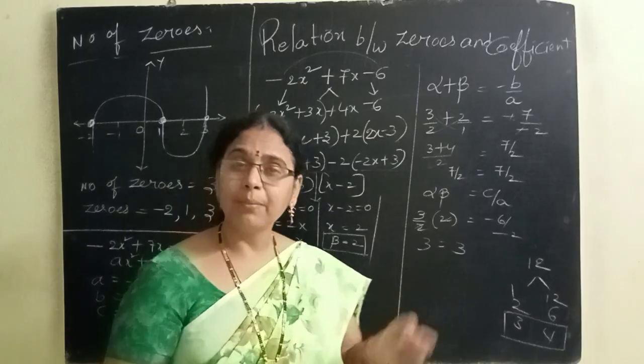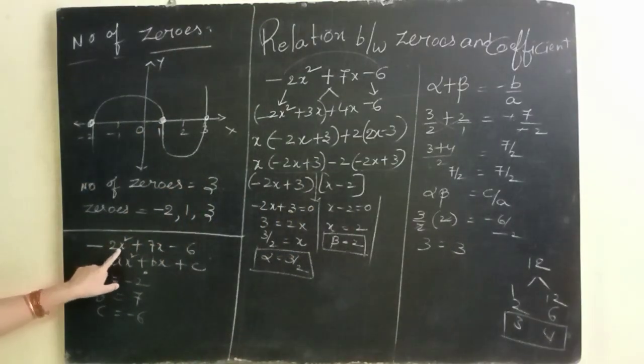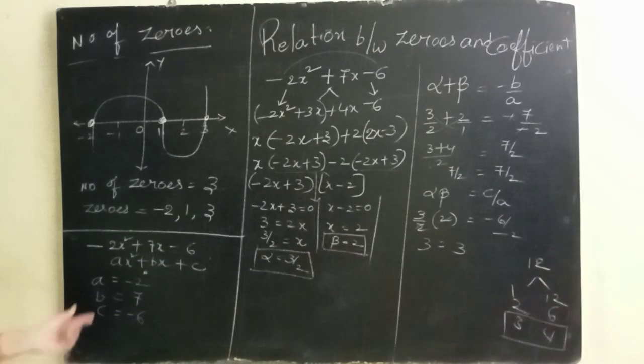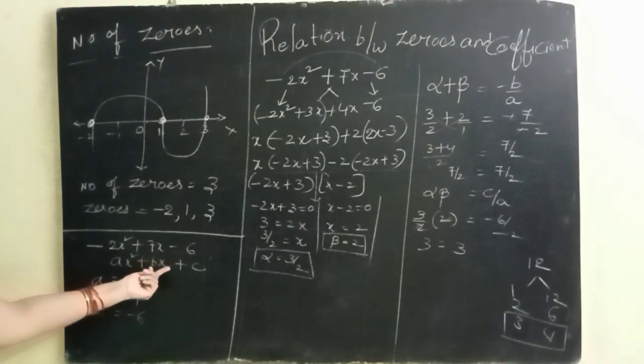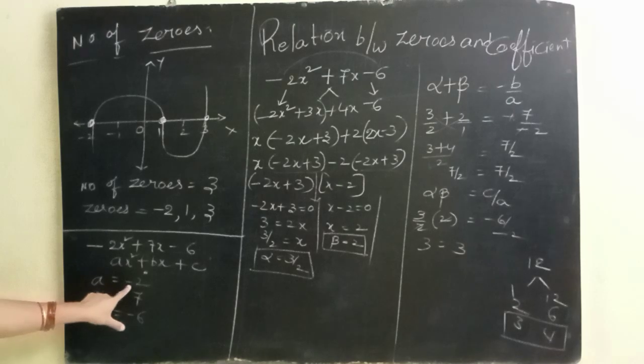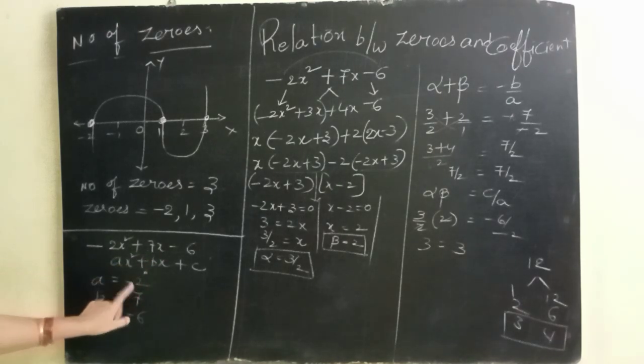Come to the next one, minus b by a. He has given the quadratic polynomial minus 2x square plus 7x minus 6. What is the general form of a quadratic polynomial? Ax square plus bx plus c. Ax square coefficient, minus 2. Bx coefficient, 7.